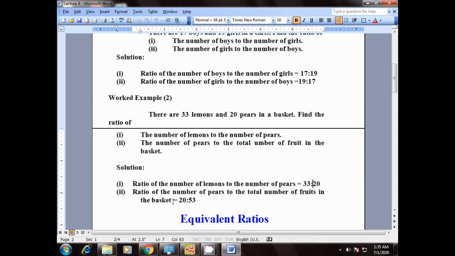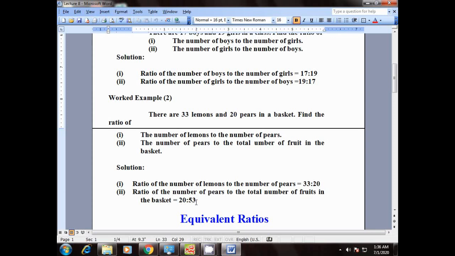What is the number of pears in the basket? 20. Ratio total number of fruits, that is 20 plus 33, which is 53. So here 53 is the second quantity, and this is greater than the first quantity, which is the number of pears. So their ratio is 20 ratio 53.